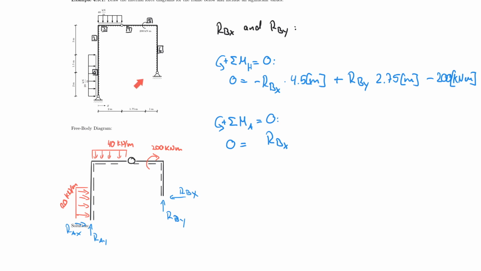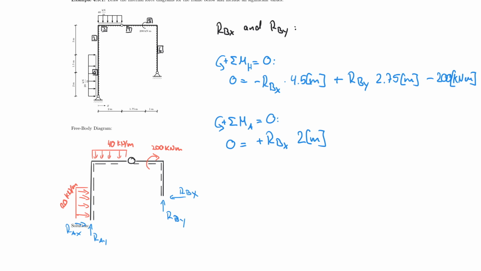I also have to find that distance vertically, which is 2 meters. So 2 meters, and it's turning counterclockwise, so that's positive.